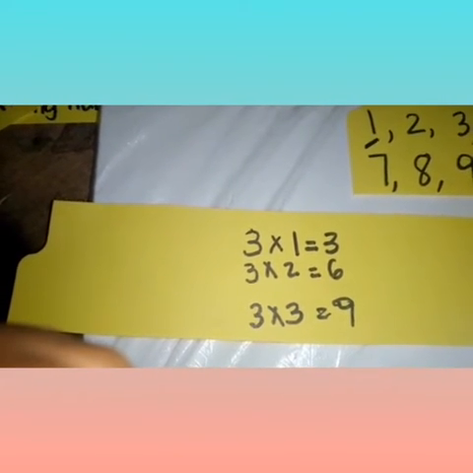So let's take 3 and 6 as an example. The multiples of 3 are 3, 6, 9, and 12, and it continues. So we're going to use 3 dots to show that it continues.